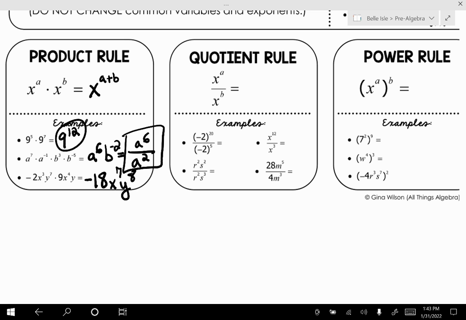If you add exponents when you're multiplying, what do you do with exponents when you're dividing? Subtract. Okay, so you have the base is the same, a minus b. Yes.